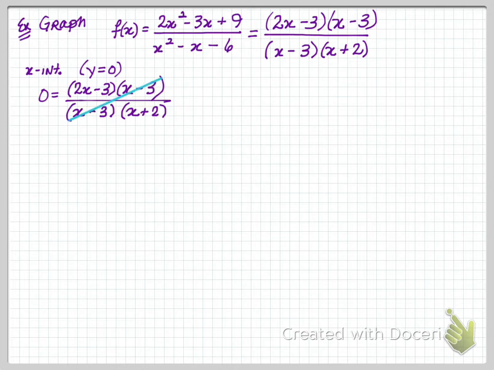That right there is a hole. That is not going to be an x-intercept, a y-intercept, or an asymptote. A hole occurs when the top and bottom, the numerator and the denominator, cancel.